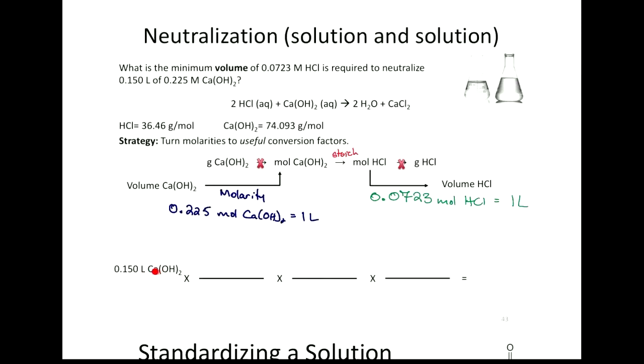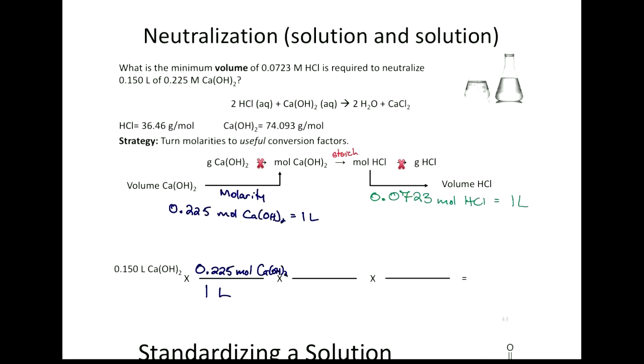So, let's start off. I'm going to start off with the volume of the base because I know its concentration. With that volume, I can use the molarity that I wrote, and I will put the 1 liter on the bottom, and I'm going to put the 0.225 moles of calcium hydroxide up top.